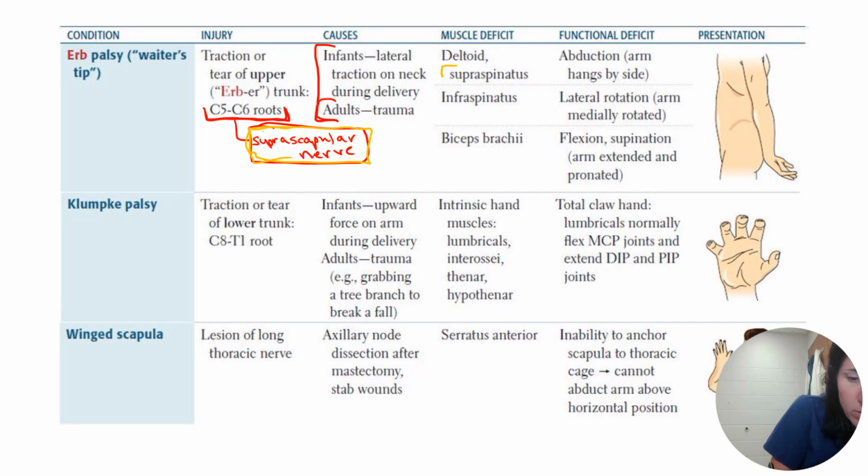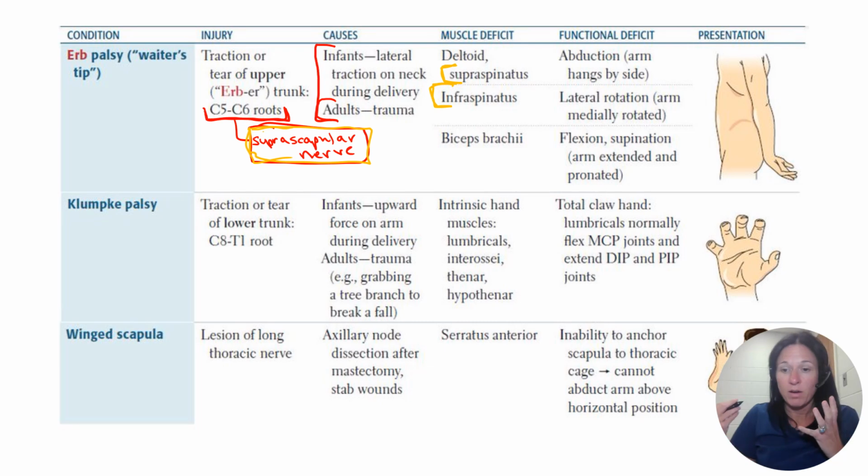Okay, so suprascapular nerve is responsible for innervation of supraspinatus and infraspinatus. So supraspinatus, what's it going to do? If the muscle contracts, it does abduction, right? From the supraspinous fossa to greater tubercle, contraction, abduction of the arm.